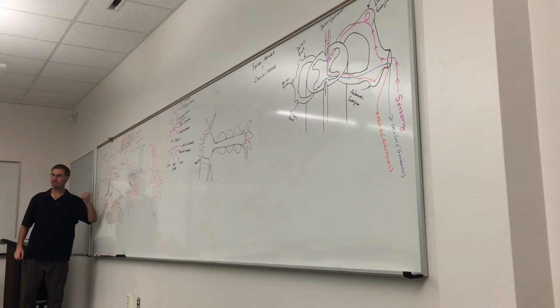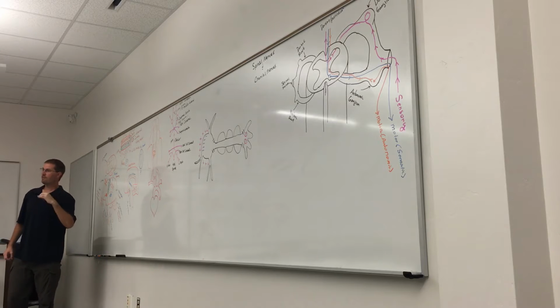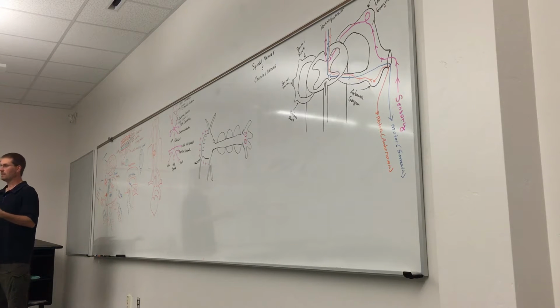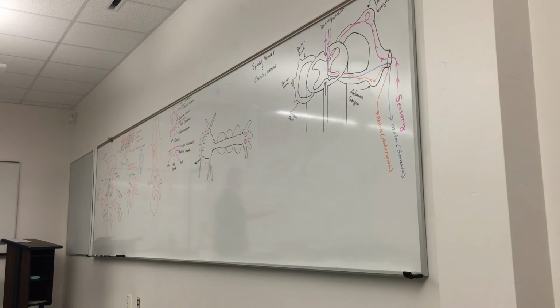Damage to these areas results in aphasia. You guys remember aphasia, right? What aphasia is? Yes, it is an inability to articulate language. Now, damage to one area causes what's known as a receptive aphasia. Receptive aphasia is receiving language and understanding it.